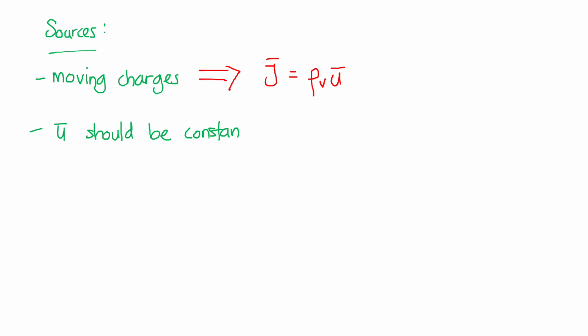If you still remember, the formula of the moving charge can be denoted by J equal to rho v u. And the other condition that we need to consider for these sources is that u should be constant. In electromagnetic field, u gives a different situation.